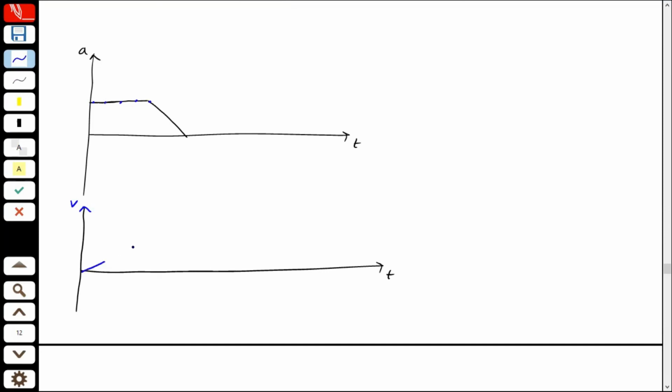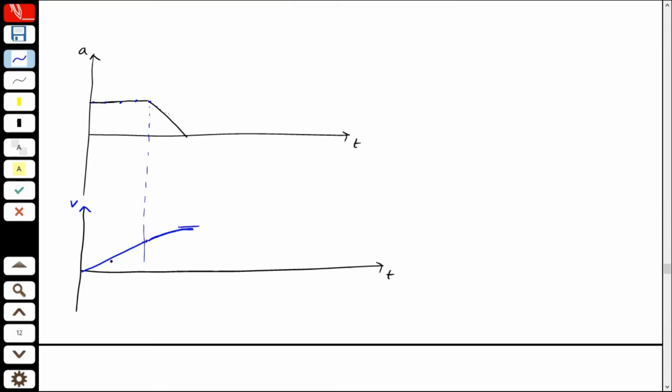So the gradient of the velocity time graph should be constant up to this point. Then acceleration is decreasing. So the gradient should decrease from this value and it should become zero. The gradient is decreasing and it is zero at this point.